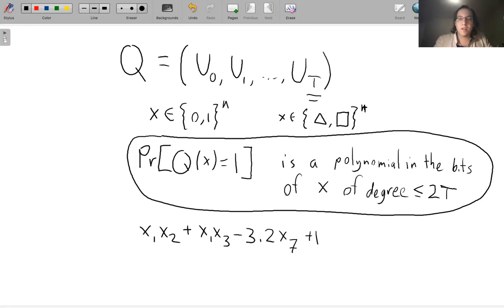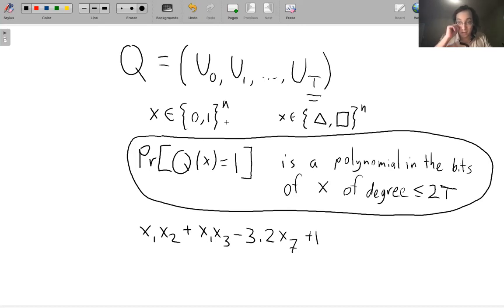Then it wouldn't make sense to talk about the polynomial degree or any polynomial in the bits of x, because the bits of x here are not 0, 1 valued, they are triangle square valued. So given that there's no meaning to the bits, why would we ever want to take a polynomial in the bits where we're interpreting the bits as the numbers 0 and 1? Why would we ever want to do this?